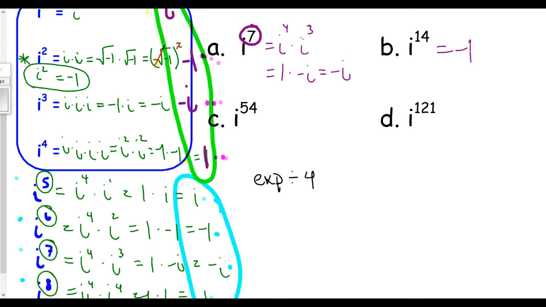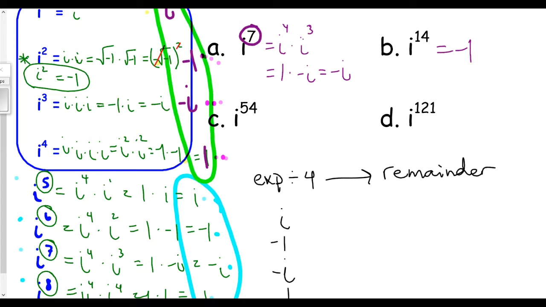Then we're going to look at the remainder. Okay, all right, so our pattern was i, -1, -i, 1, with negative values in the middle.